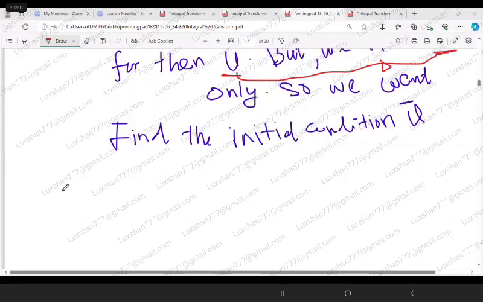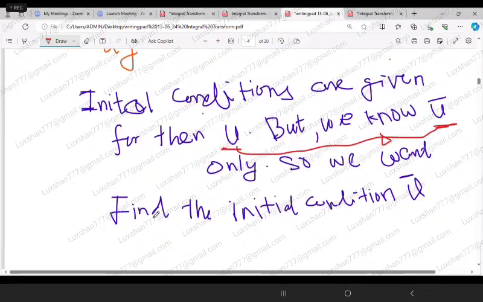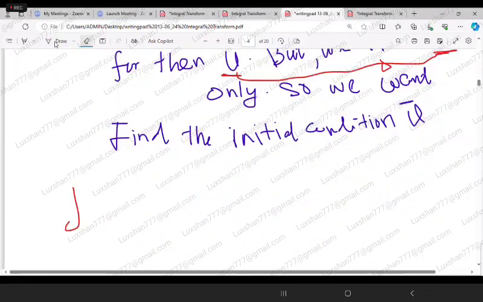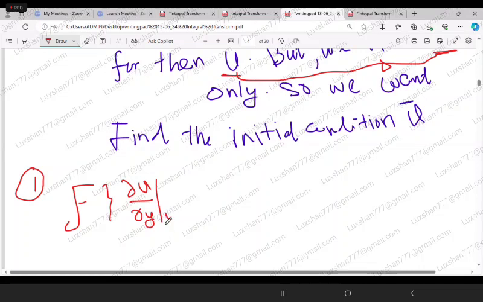So I am considering first the Fourier transform of the first one. We are considering the Fourier transform of this initial condition, ∂u bar over ∂y when y equals 0.